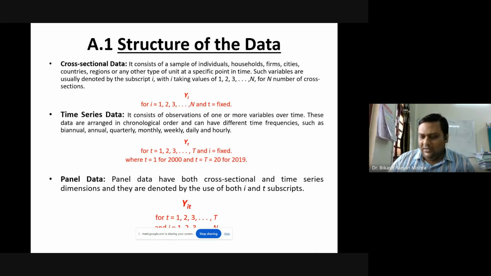So start with the anatomy or the philosophy or the framework behind regression analysis. So before going to do any kind of bivariate analysis, because regression is basically a relationship between two variables.